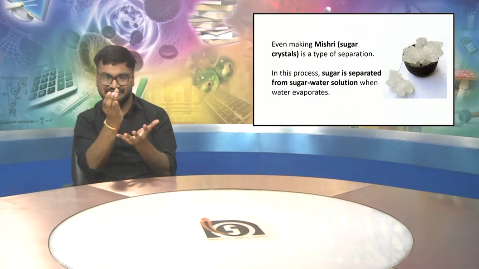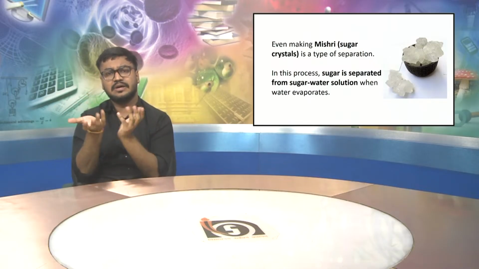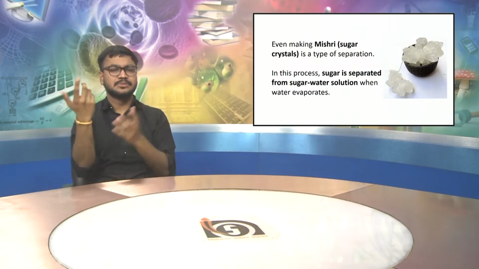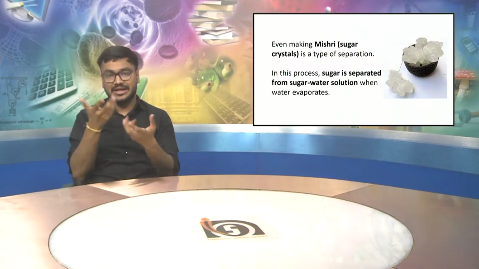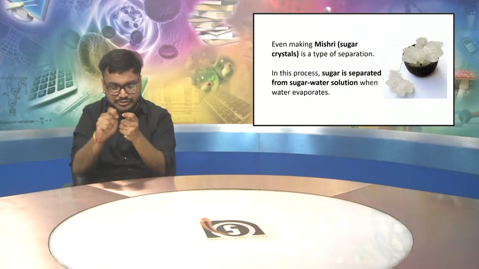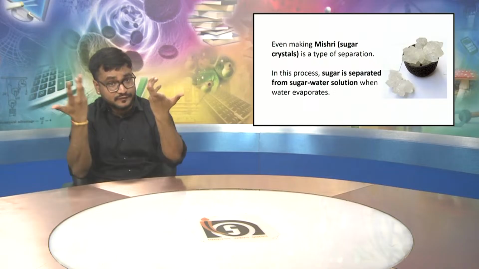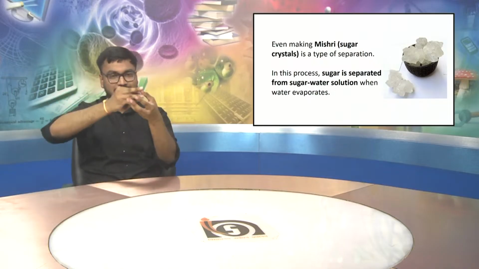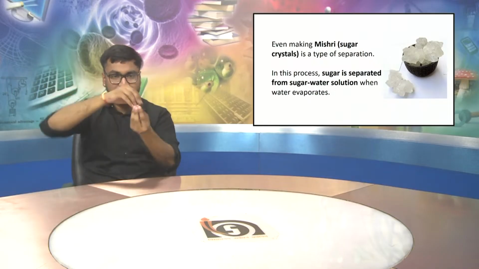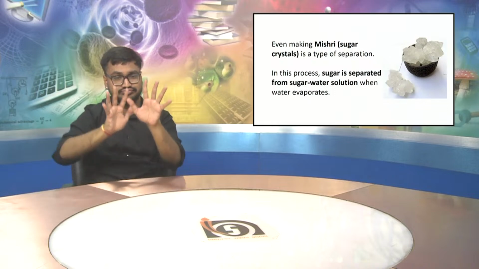Making mishri, which is like sugar crystals, is also a type of separation, in this process sugar is separated from sugar water solution when water evaporates.